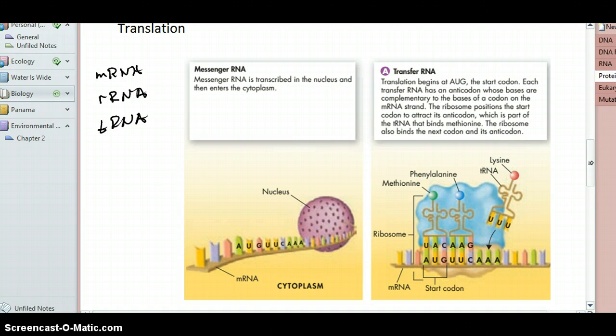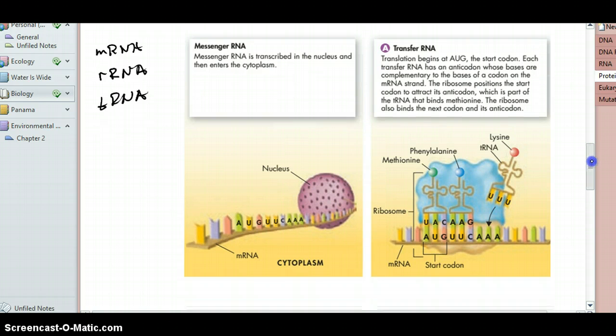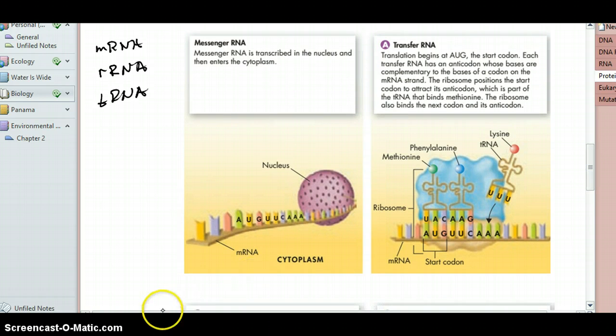So all the RNAs are made in the nucleus. They travel out of the nucleus. The ribosomes, again, are comprised primarily of rRNA, but also some proteins. The mRNA gets together with the ribosome, and the ribosome essentially reads the codons on the mRNA.